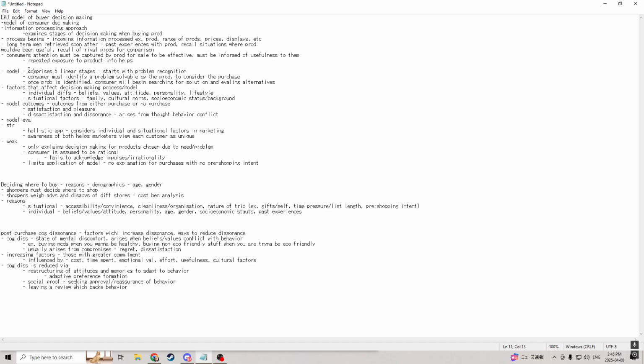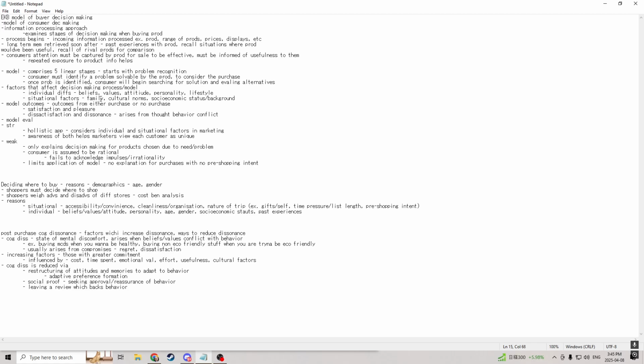The EKB model comprises 5 linear stages. It starts with problem recognition. The consumer must identify a problem solvable by a product to consider the purchase. And once the problem is identified, the consumer will begin searching for the solution and evaluating alternatives. Factors that affect decision making in the model are individual differences like beliefs, values, attitude, personality, and lifestyle.